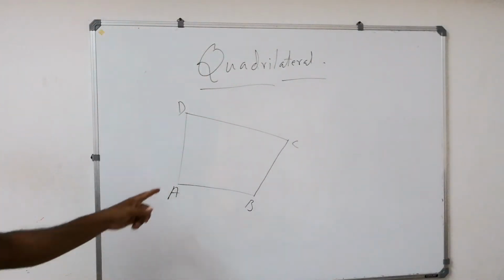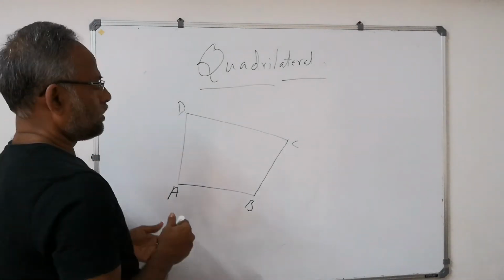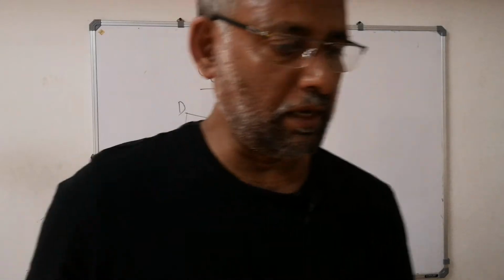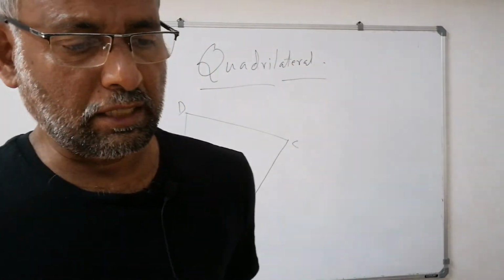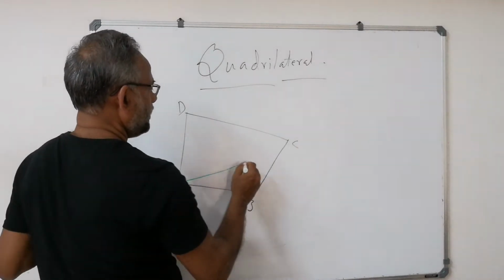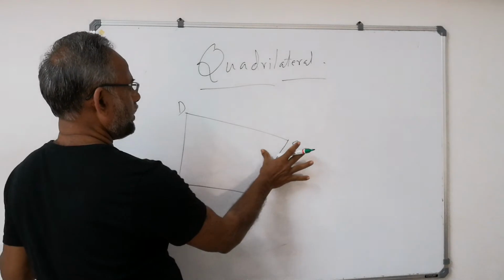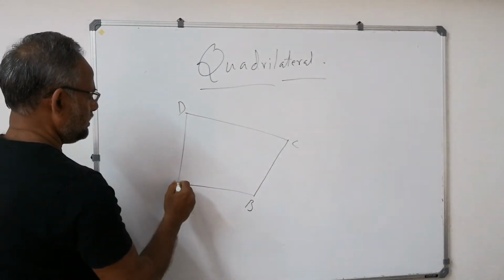Okay, thank you. Now listen here. A, B, C, D. Now, it is a quadrilateral. You can see the figure in the question in the textbook. You are drawing a diagonal, in green color. Okay. For a quadrilateral, how many diagonals are there?